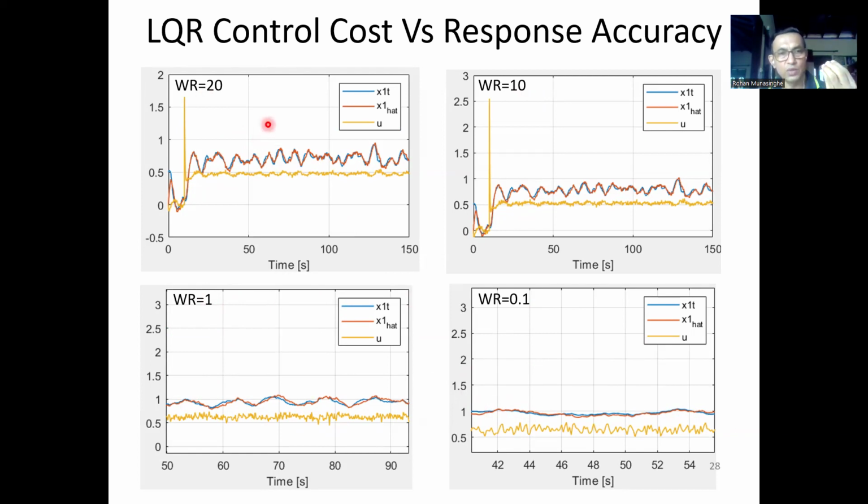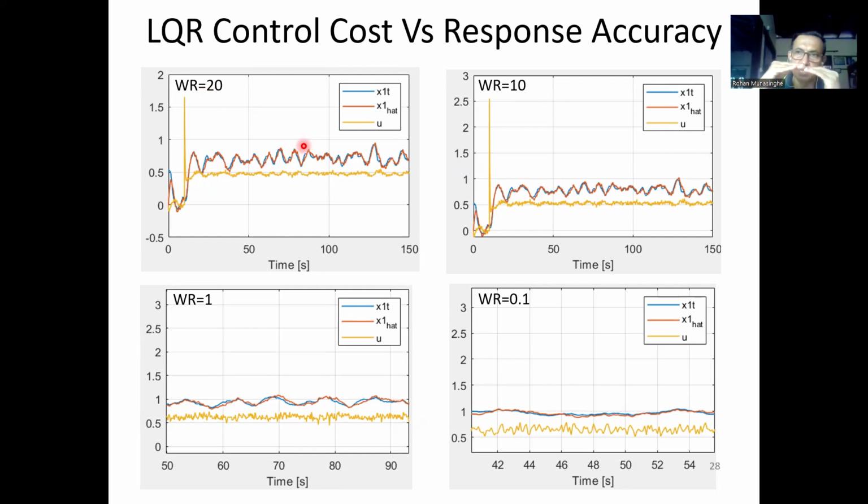If you have higher control effort, it's a high cost. The linear quadratic regulator has already optimized the control effort and the state error so that it has gone down to a certain minimum energy, minimum error design, so that it does not use much of the fuel, that is, control, when WR is high. That is why you cannot reach 1.